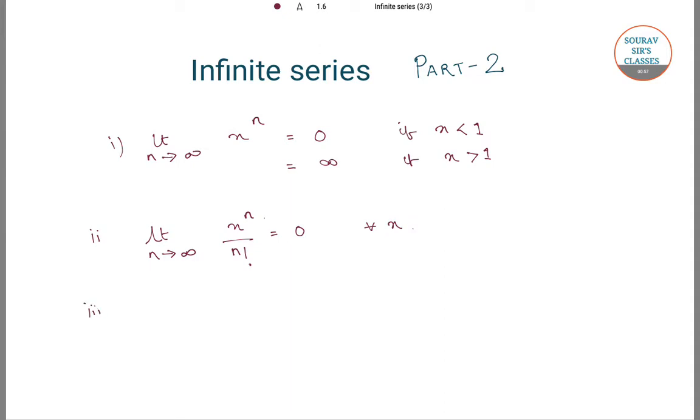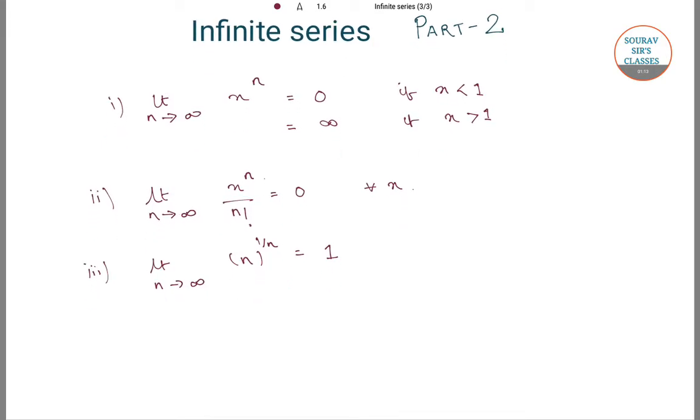Next is limit n tends to infinity n raised to the power 1 by n is equal to 1, and limit n tends to infinity 1 plus 1 by n raised to the power n is equal to e.